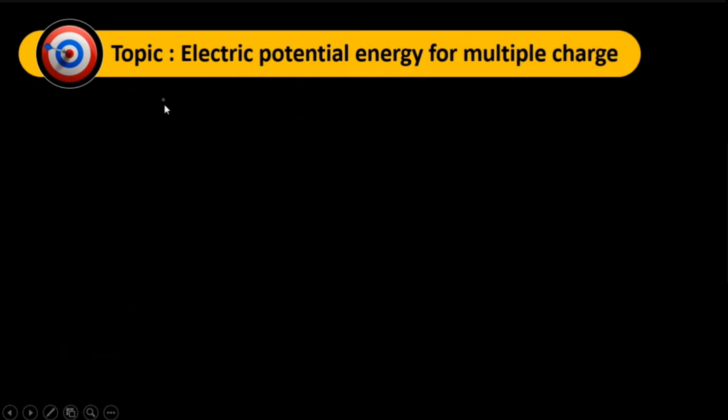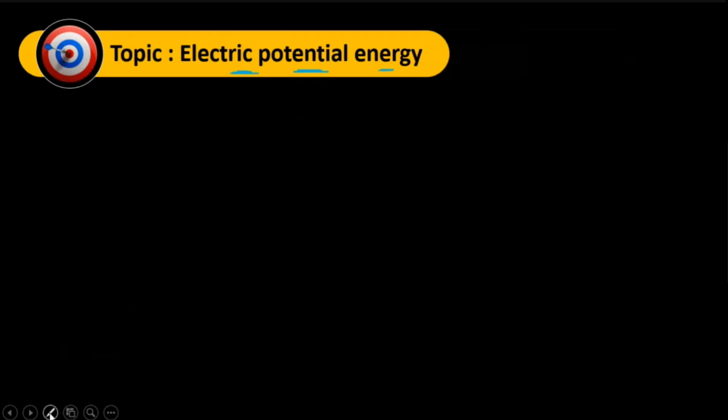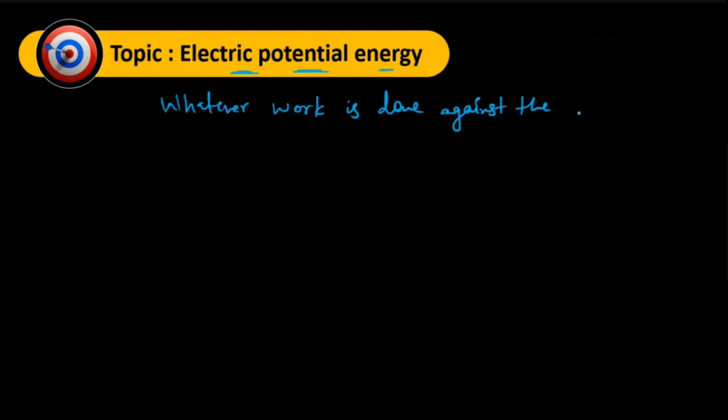Whatever work is done against the electrostatic force will be stored as electric potential energy.